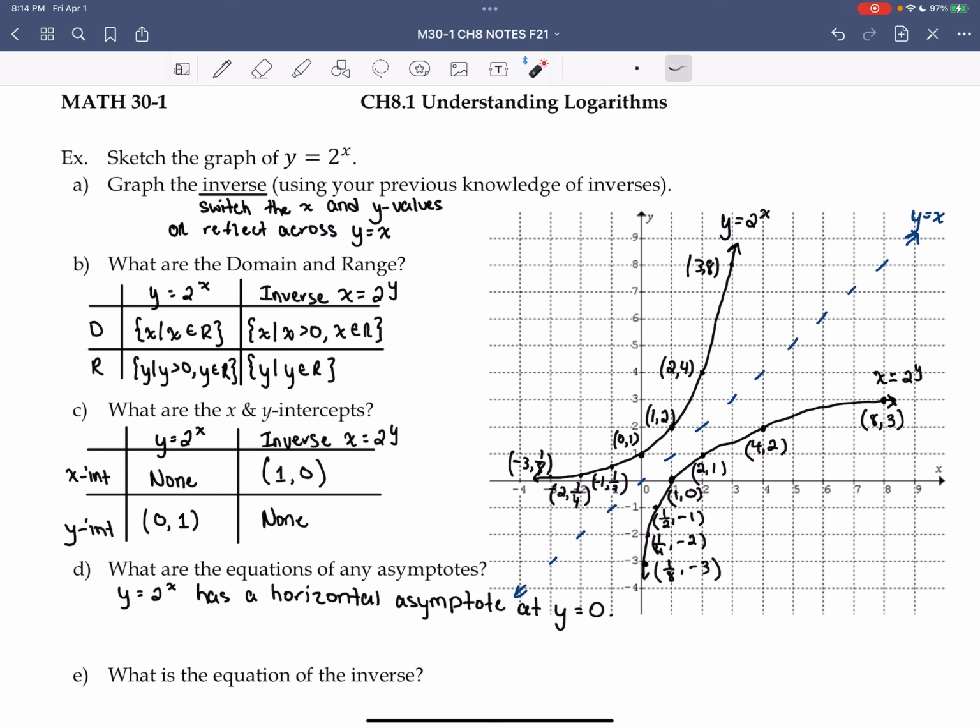Then for the inverse function, we know that the domain is x is greater than 0, so we have a vertical asymptote at x equals 0. x equals 2 to the power of y has a vertical asymptote at x equals 0.